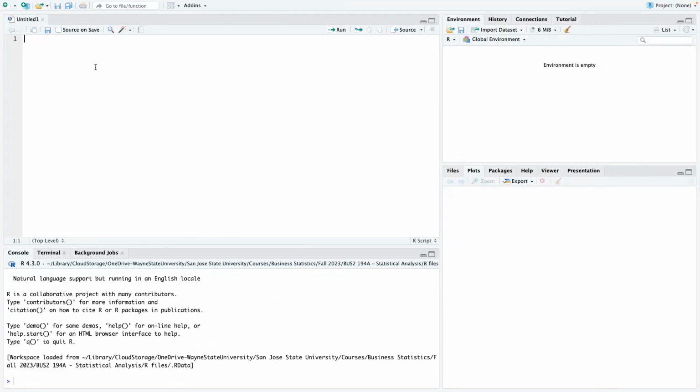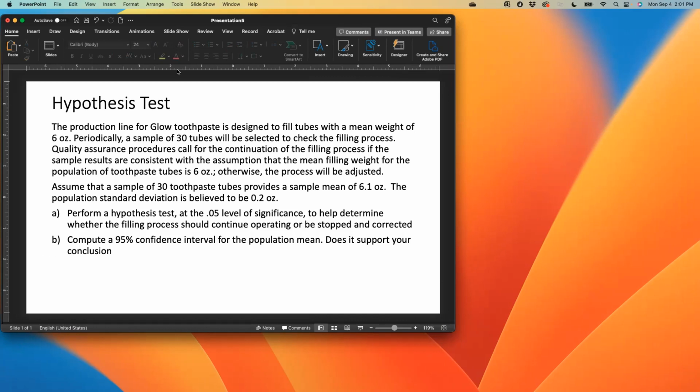All right, so I have my R software open here. The first thing I like to do is to list out all the parameters we will be working with. I'm basically looking at the question and extracting all of those parameters.